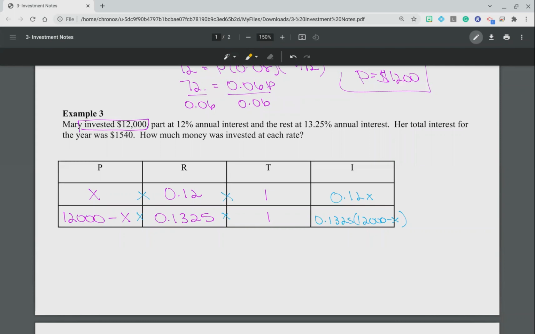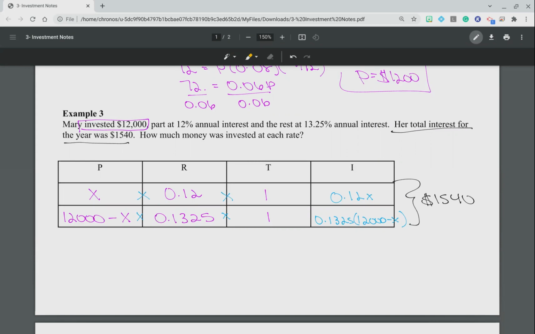Now there's one more piece of important information here, and that is that her total interest for the year was 1,540. So my two interests have to equal $1,540. So guess what? That's exactly what I'm going to do.